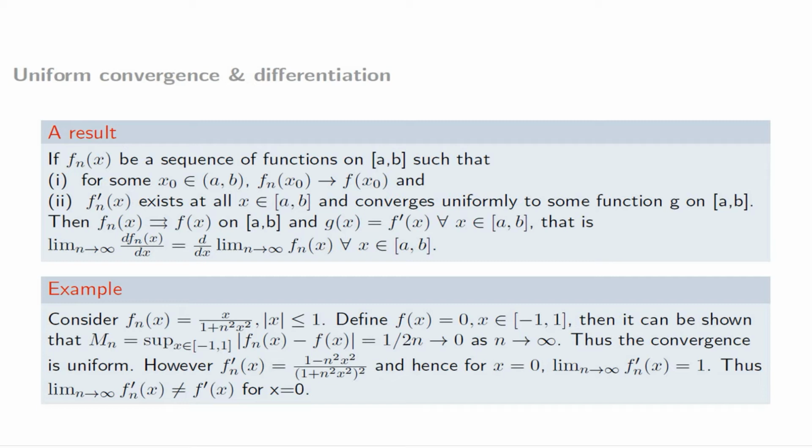Thus, the convergence is uniform. However, if we calculate the first derivative with respect to x, we get the expression (1 minus n squared x squared) divided by (1 plus n squared x squared) whole squared, and hence for x equal to 0 we get the limit of the first derivative as 1. Hence, the limit of the first derivative is not equal to the derivative of the limit function, at least for x equal to 0.